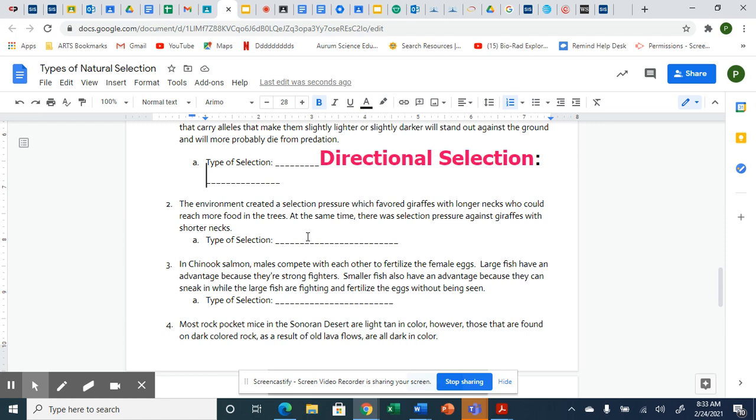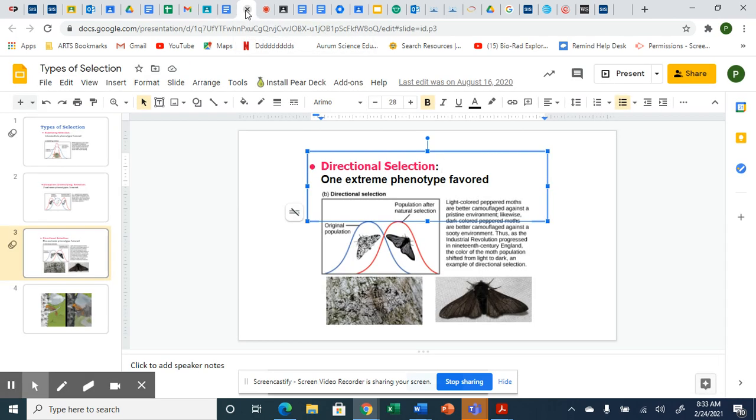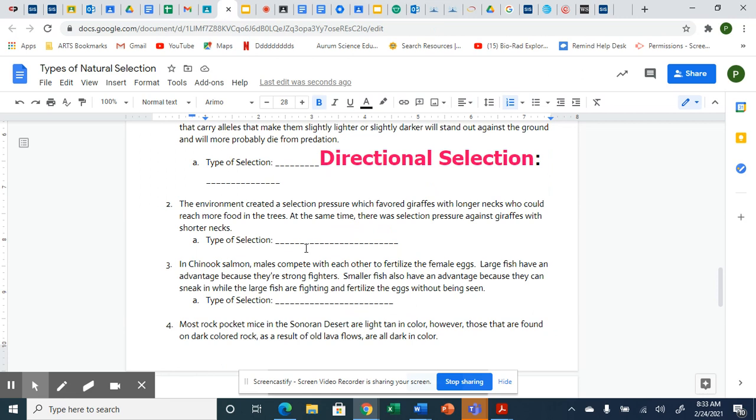Let's look. Well, I think this is directional too. I really do.